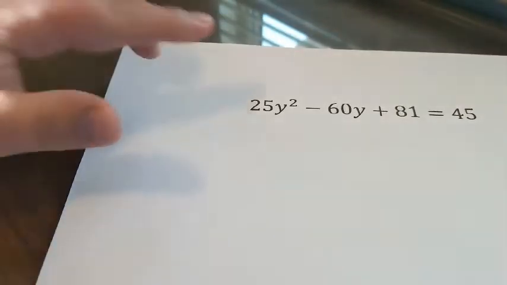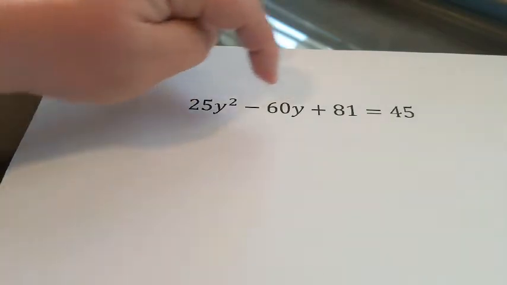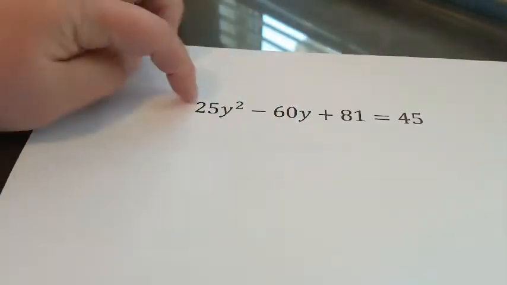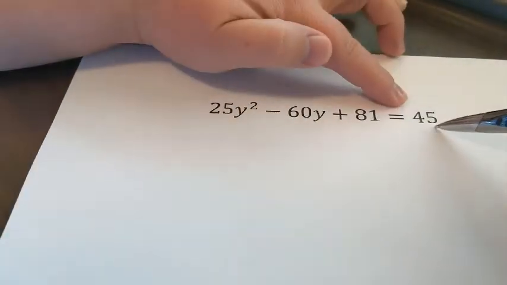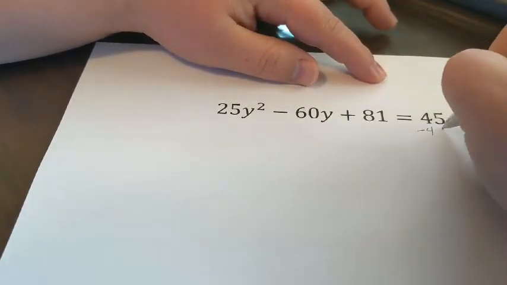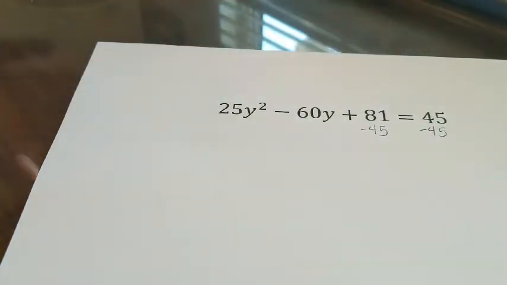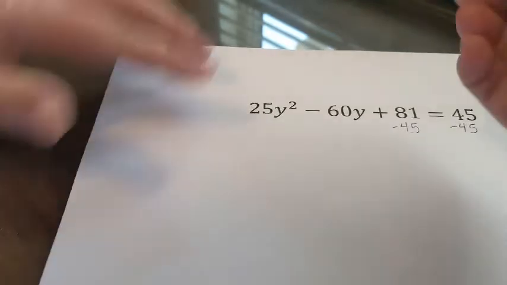Okay, then same kind of stuff, except we have too many terms. So we need to actually move this 45 over because we need this to equal 0. So minus 45. So 81 minus 45 is 36.